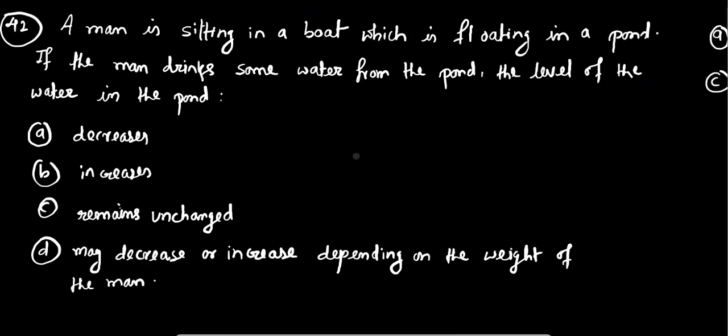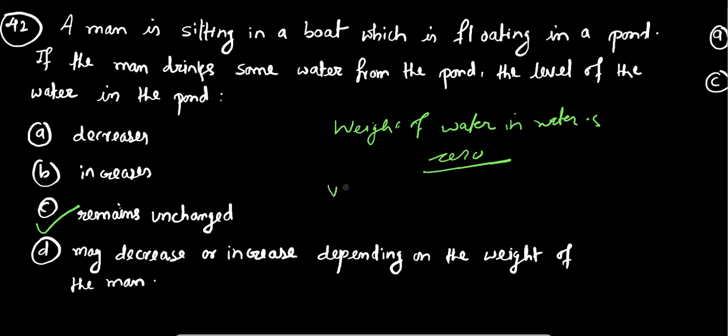From the previous discussion we are confirmed that the weight of water in water is of course 0. There is no change in weight. So that's why we can say that the level of water in the pond remains unchanged, because the reason is the same as we have already discussed in question 41. The weight of water in water is always 0.